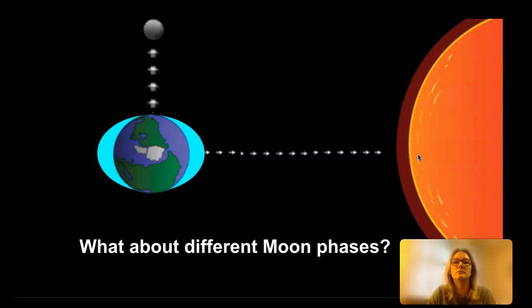But the moon isn't always lined up directly with the sun like that. So what about the different moon phases? Now we've got the gravity of the moon pulling towards the top of the screen, while the gravity of the sun is pulling towards the right of the screen. So now we have to sort of play with, all right, which one's stronger, which one has more effect. And it turns out that even though the sun is so big in comparison with the moon, it's also really far away.